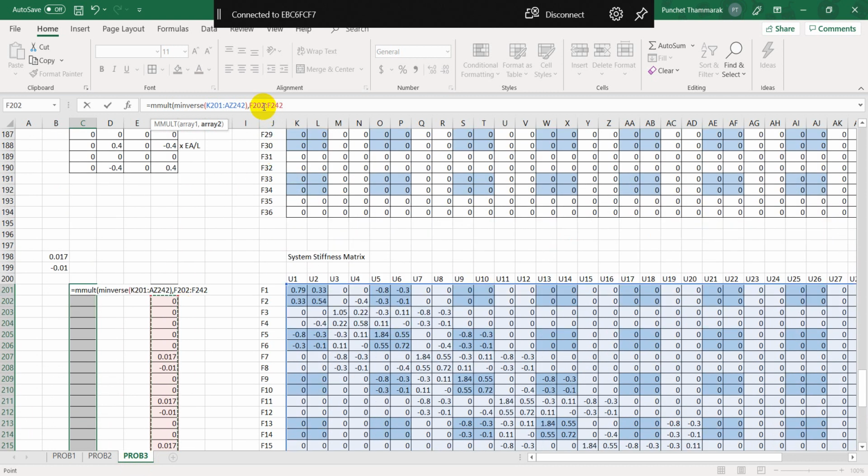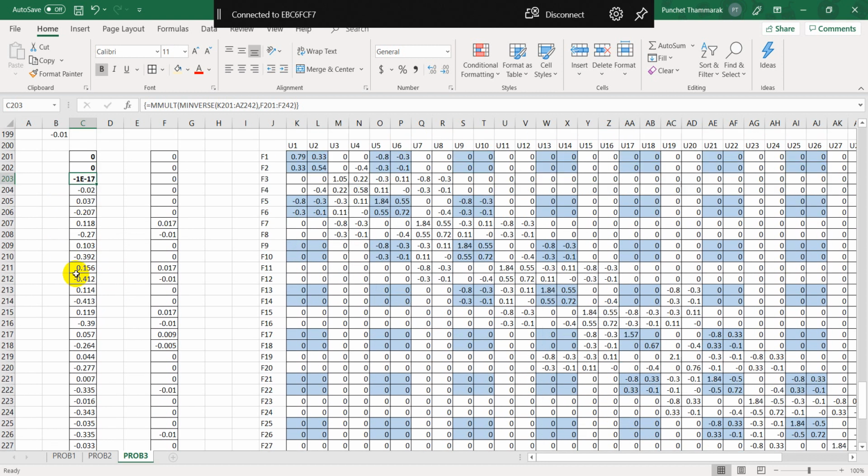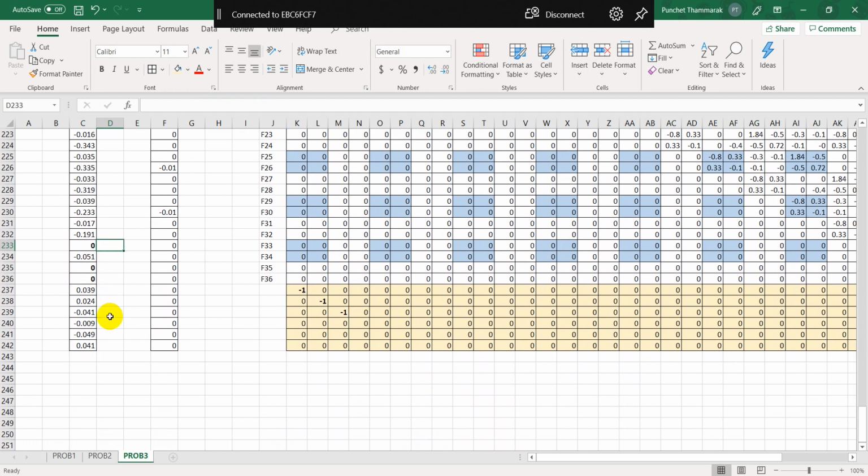So not 202, this is 202, right? So I make it 201. That's it. U1, U2 support, right? U3 support as well. It comes close to 0, numerical issues. These two and this one support, right? You get all support reactions.